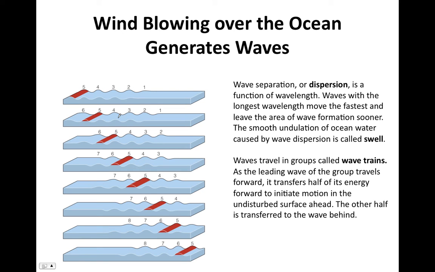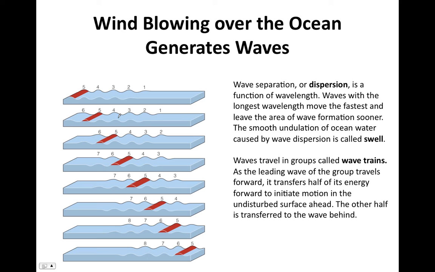Dispersion is a phenomenon that occurs as waves of different wavelengths separate because they travel at different speeds or velocities. Whenever this dispersion occurs, we get these groups of waves of similar wavelength, and that's called swell. Swell is when you have the consistent waves of similar wavelength passing by.